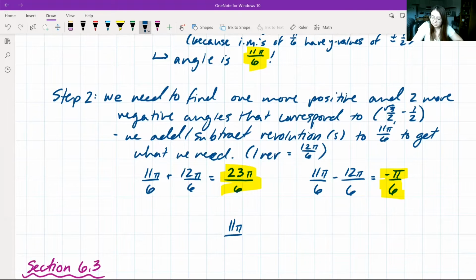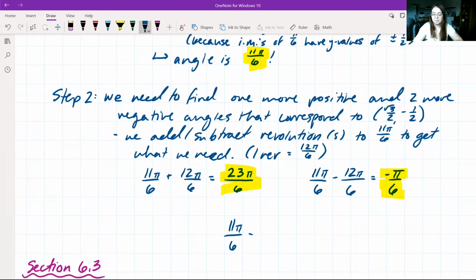Now we need to subtract 2 revolutions to get another negative angle measurement. We already subtracted 12 pi over 6 from 11 pi over 6 once. Now we can either subtract 24 pi over 6, that would be 2 revolutions, or we can subtract 12 pi over 6 from negative pi over 6, which was our answer from our last problem. It's up to you.